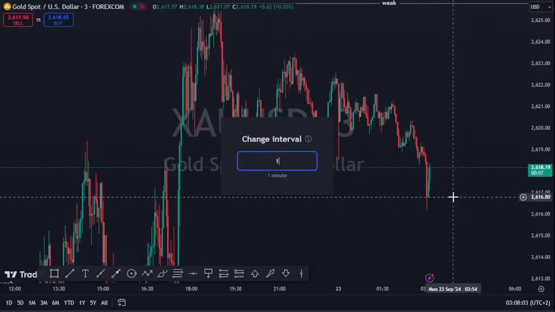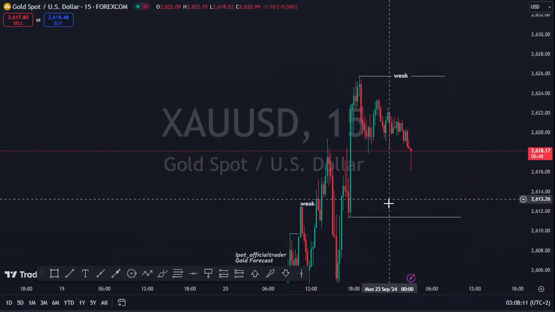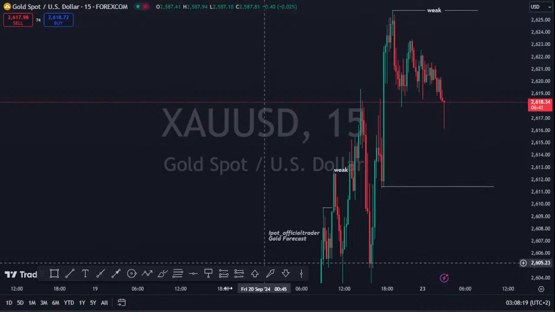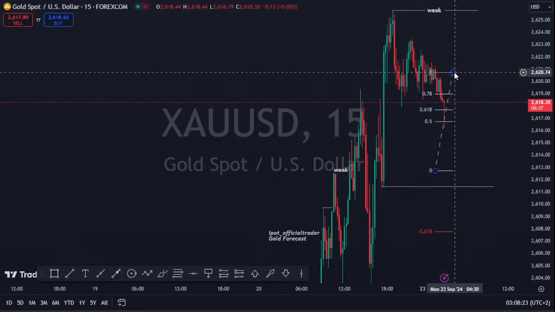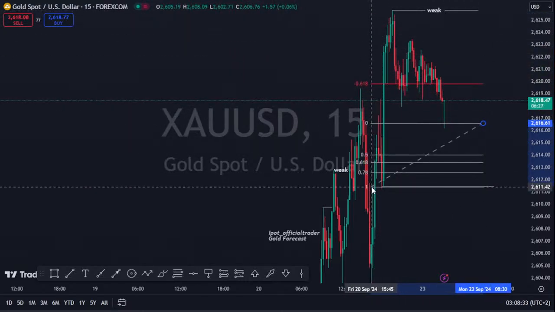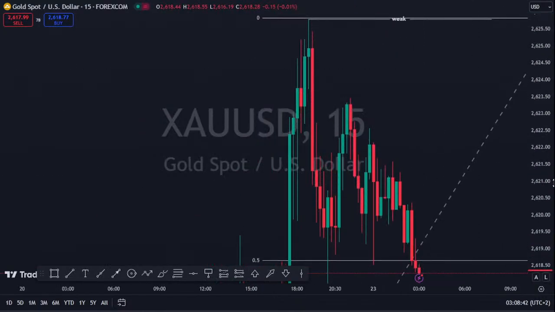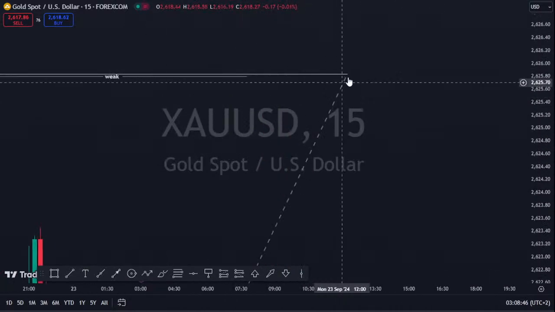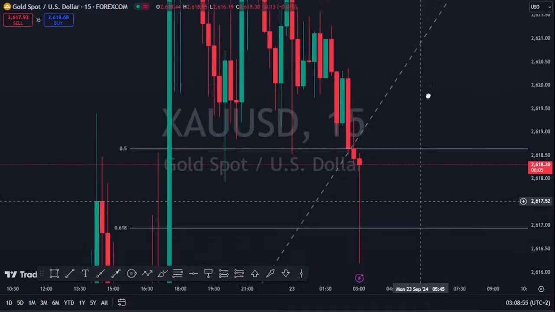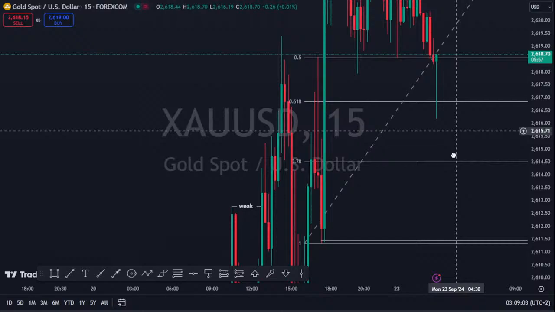This is 3 minutes now. The 61.8 level touched down, 5 minutes.